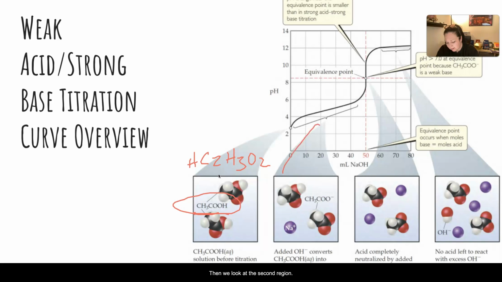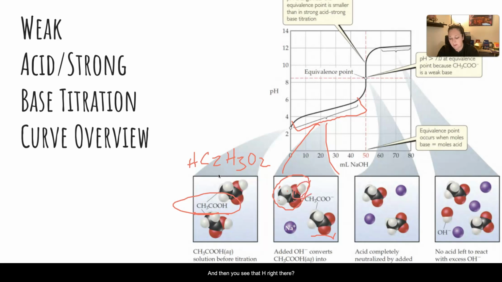Then we look at the second region. This is my buffer region. All right, why is this the buffer? Well, I still have some acid. The molecules are a little bit hard to identify, but take a look: the black dot is the carbon, and it has 3 hydrogens on it. Then I have another carbon with 2 oxygens on it.